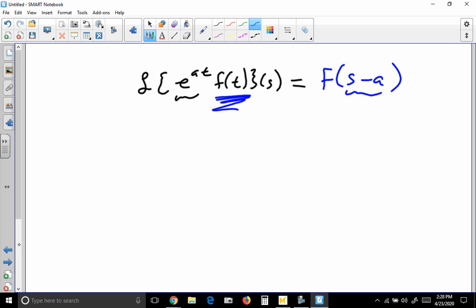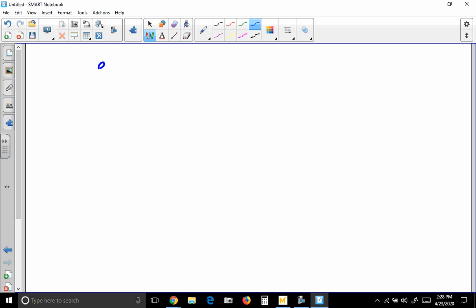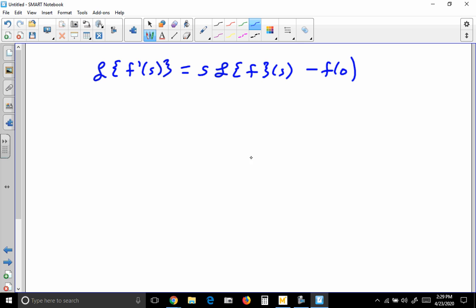The next property is that if we want to do the transformation of the derivative of a function, it's s times the transformation of the function itself with respect to s, minus f of 0.